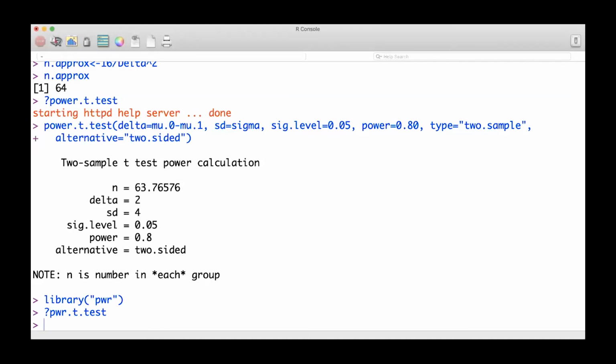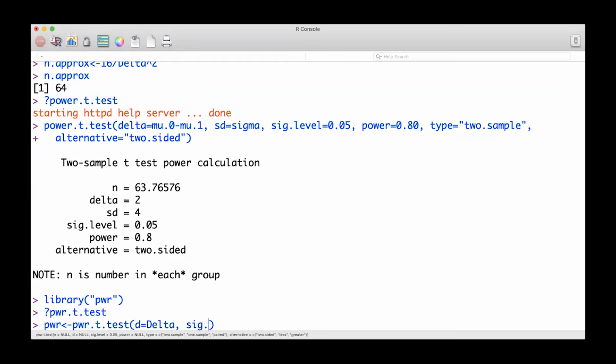So let's go ahead and use this. I'm going to store the results of this into an object, and I'll show you why in just a minute. So again, the function is pwr.t.test. Our d is equal to our delta value.